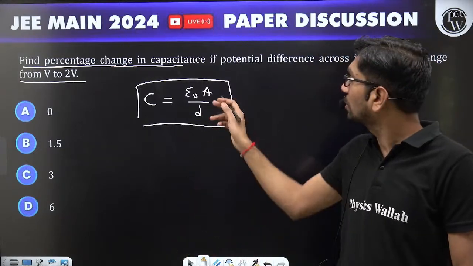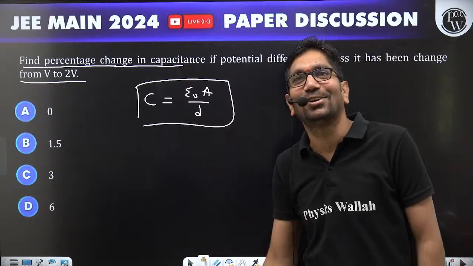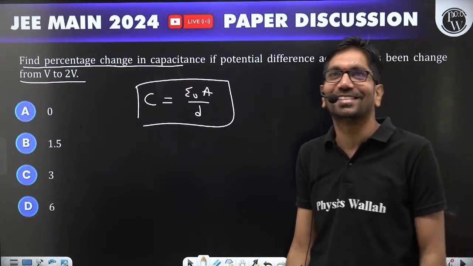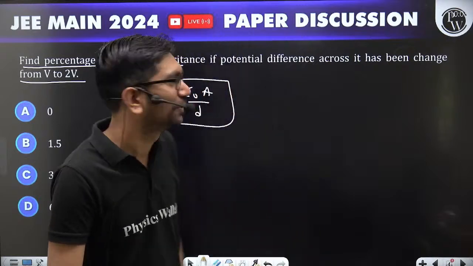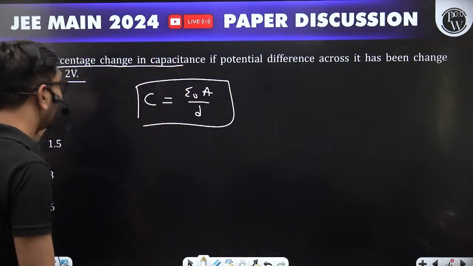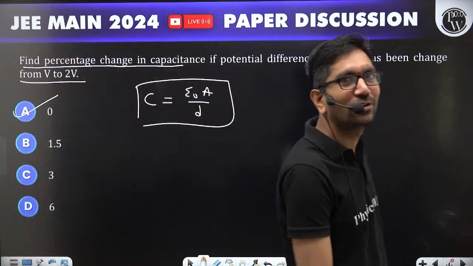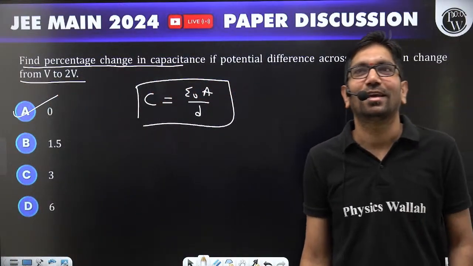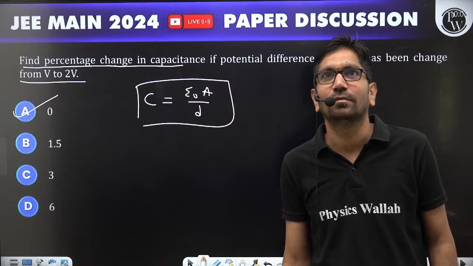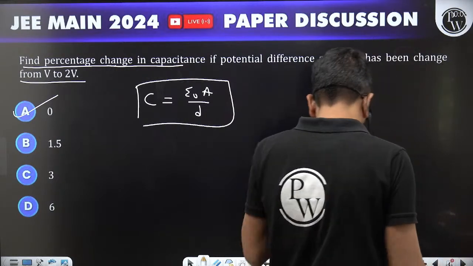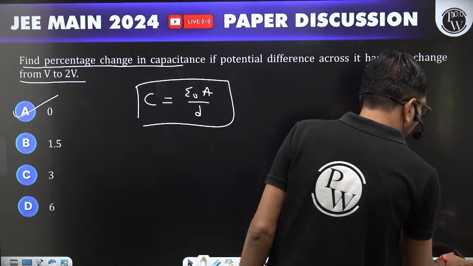It depends upon A and D. So the final answer is 0. Let us move toward the next question now.